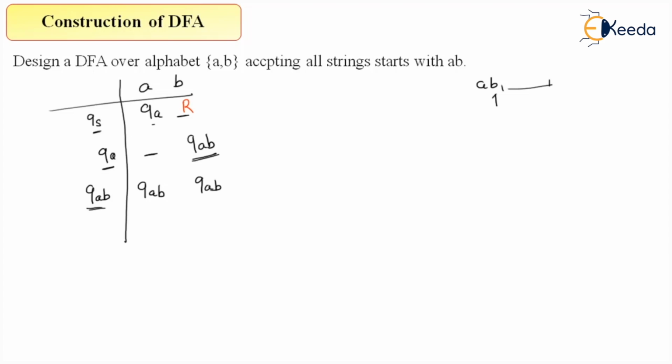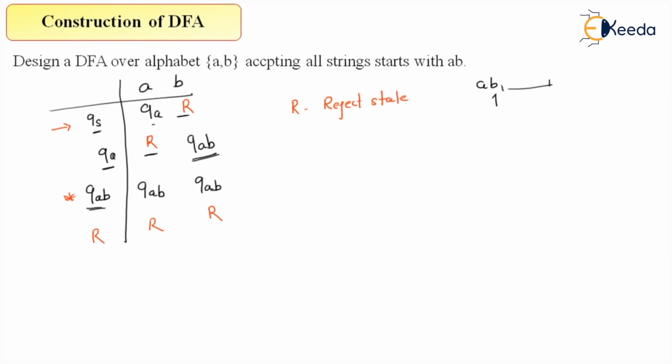So we go to a special state, and that is called the reject state, or trap state. Once you are in a trap state or reject state, you are not coming out of it. Now this is your initial state, and this is the final state. And this is the reject state, trap state. R is a reject state.